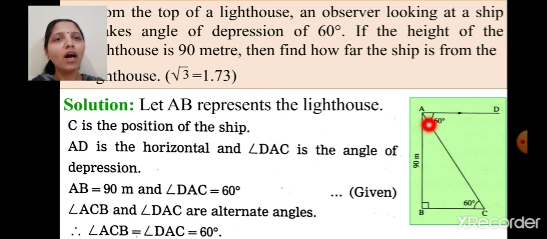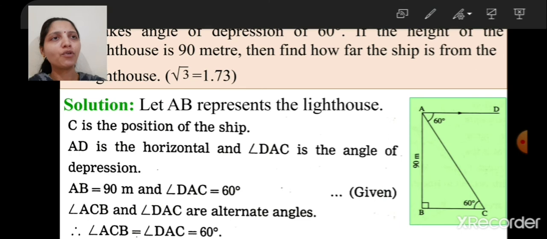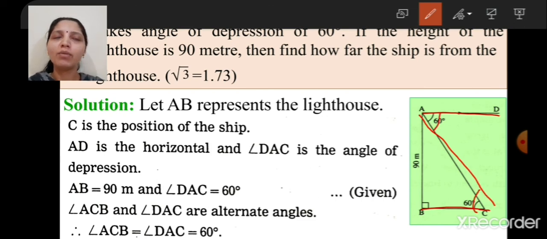Now angle ACB is equal to angle DAC. Why are they equal? Because if you consider AD and BC, they are parallel lines, and AC is the transversal, then these two angles will be alternate angles, and we know that alternate angles are congruent.